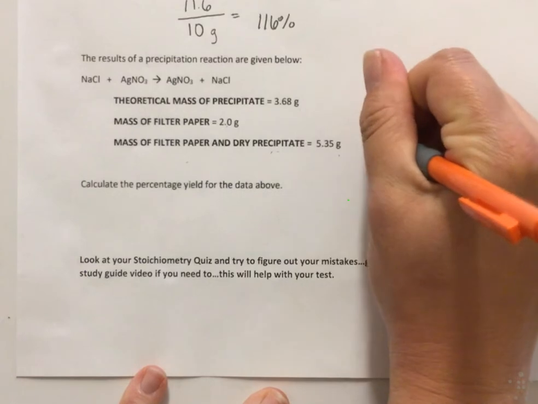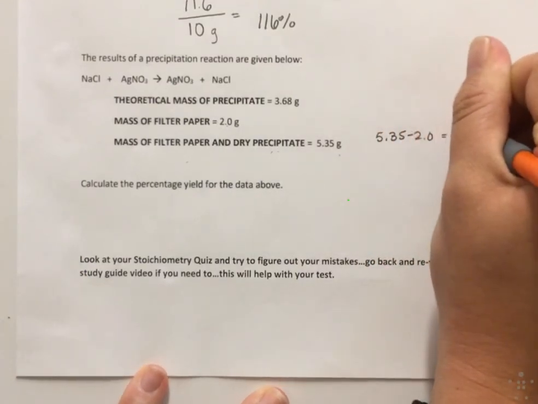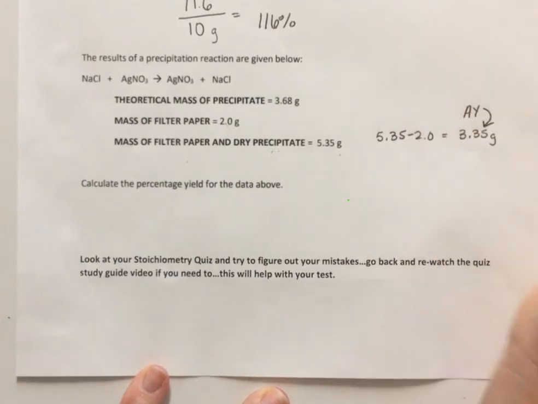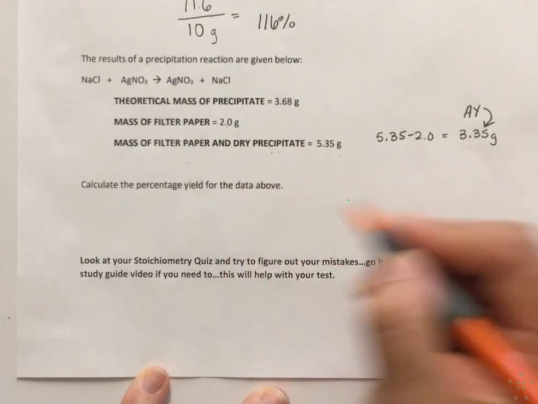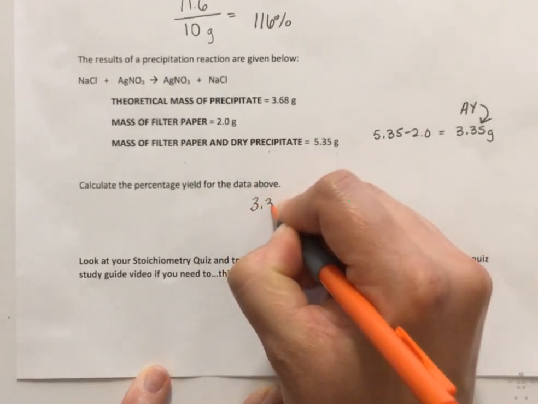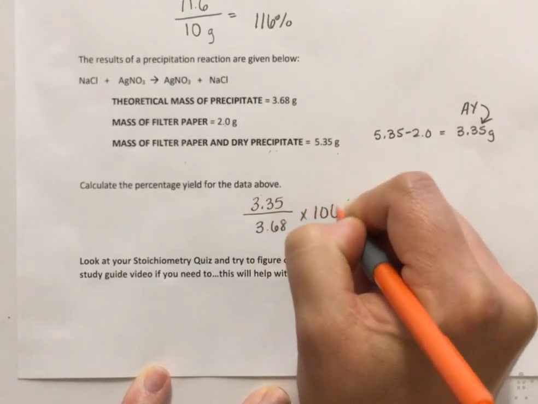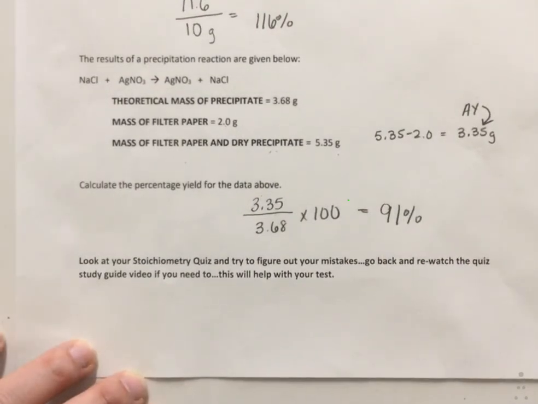So 5.35 minus 2.0 is going to give us 3.35 grams, and that is our actual yield. So in order to do the percent yield, we need to take actual over theoretical times 100, which would be 91%.